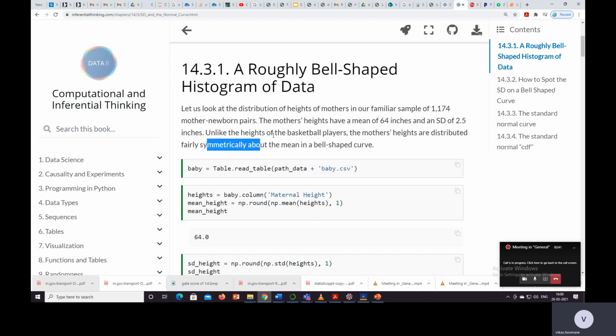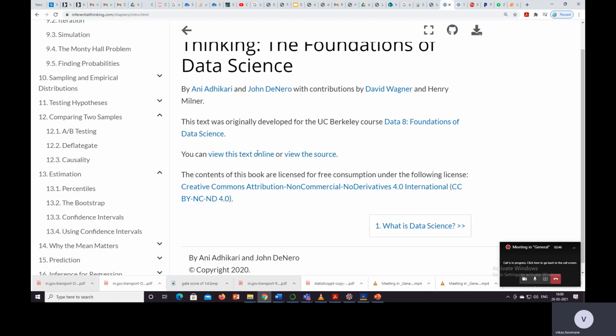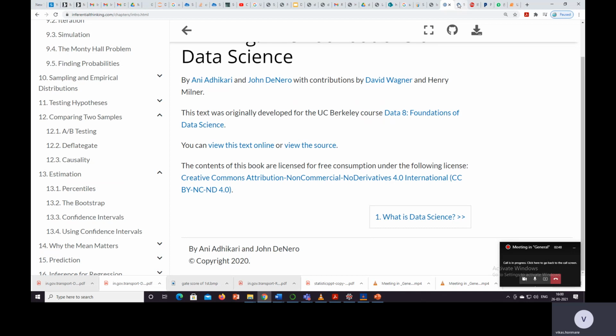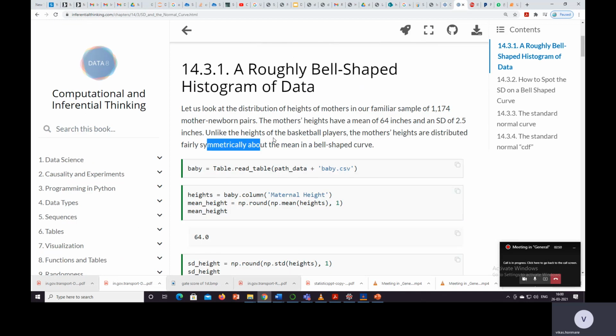In the last session, we saw the heights of basketball players, which are not normally distributed; 87 is the highest height and 69 is the lowest height. So it was not symmetrically distributed, but we have taken this data set babies.csv, which is symmetrical about the mean.